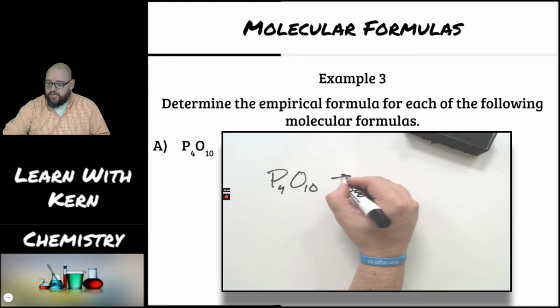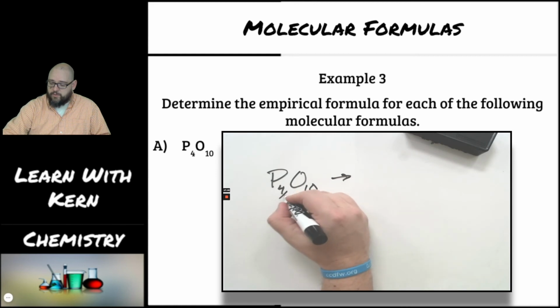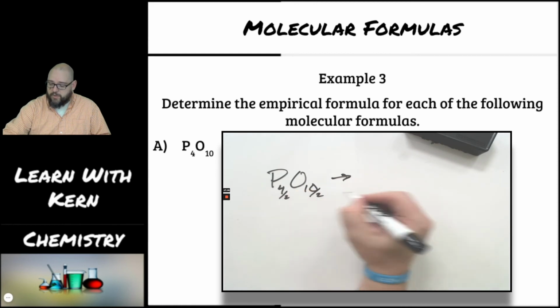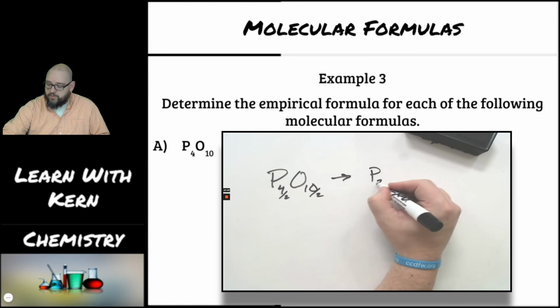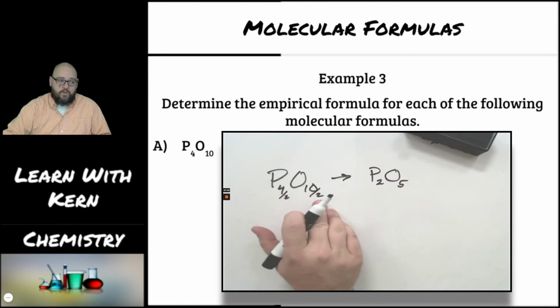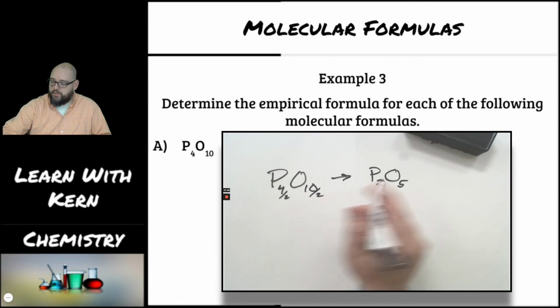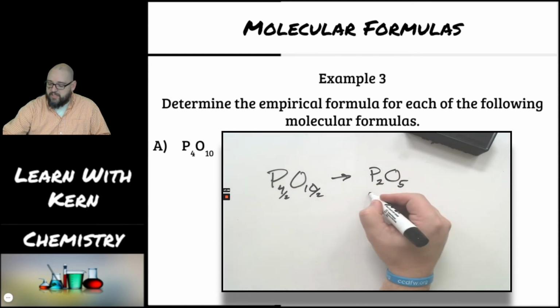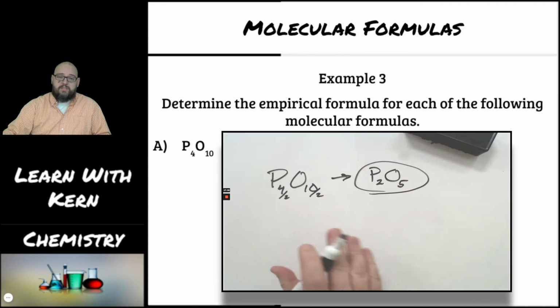And so I do that. I divide them both by 2. I get the smallest possible ratio, and that gives me P2O5. So P4O10 is the molecular formula. P2O5 is the empirical formula. So I simply divide out my subscripts.